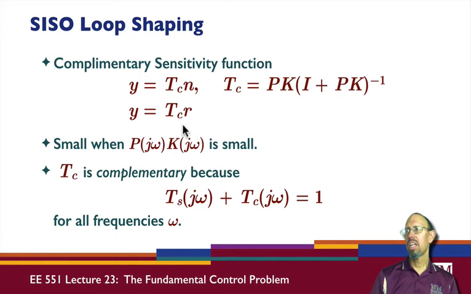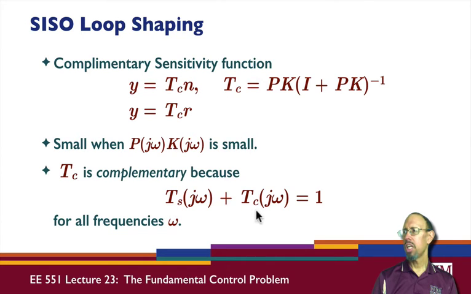It is called complementary because the sensitivity function plus the complementary sensitivity function is equal to 1 for all frequencies. So if this is small at low frequencies, this will be almost 1 at low frequencies. If this is large at high frequencies, this will be almost 0 at high frequencies.